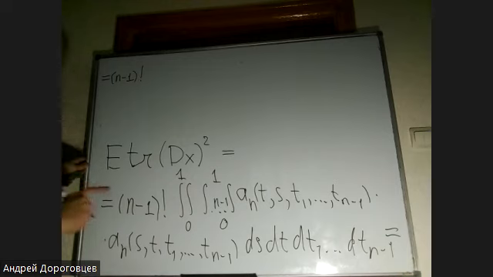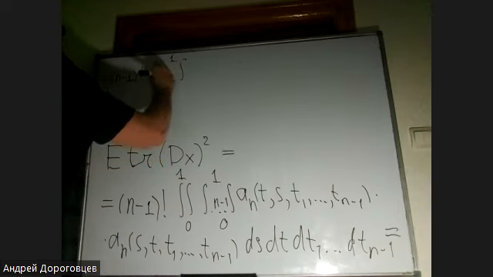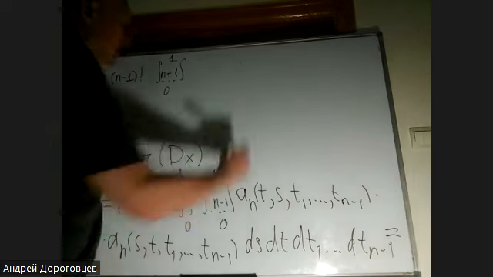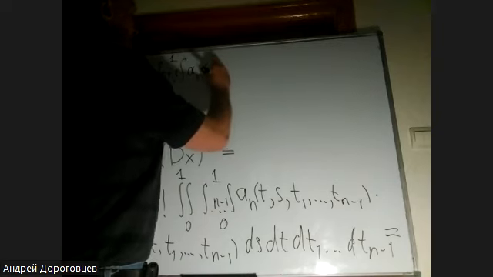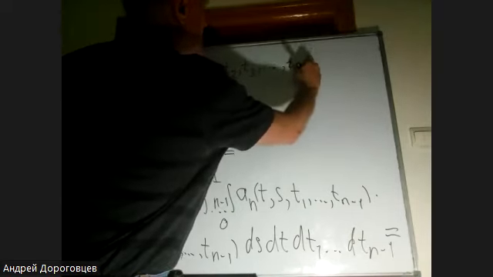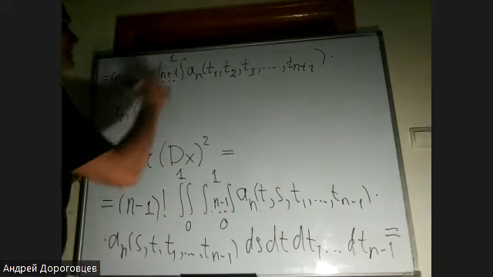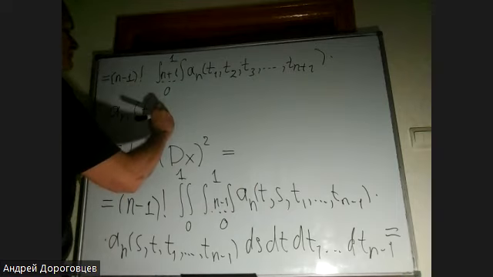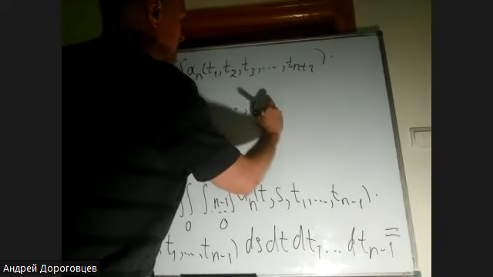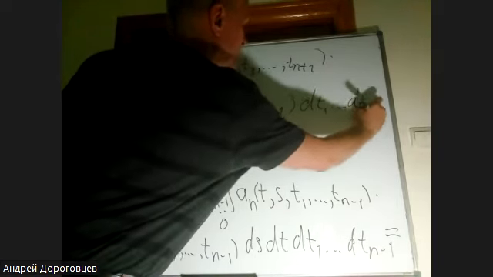And here we have the integral from 0 to 1, n plus 1 times, and then a_n(t1, t2, t3, ..., tn plus 1) multiplied by a_n(t2, t1, t3, ..., tn plus 1), dt1 ... dtn plus 1.